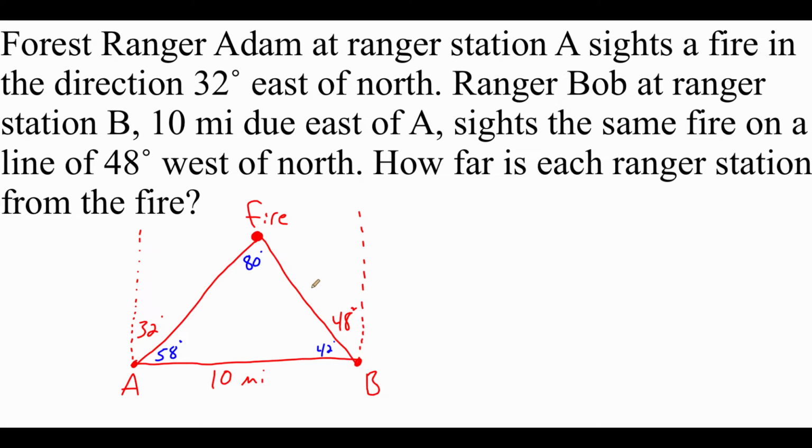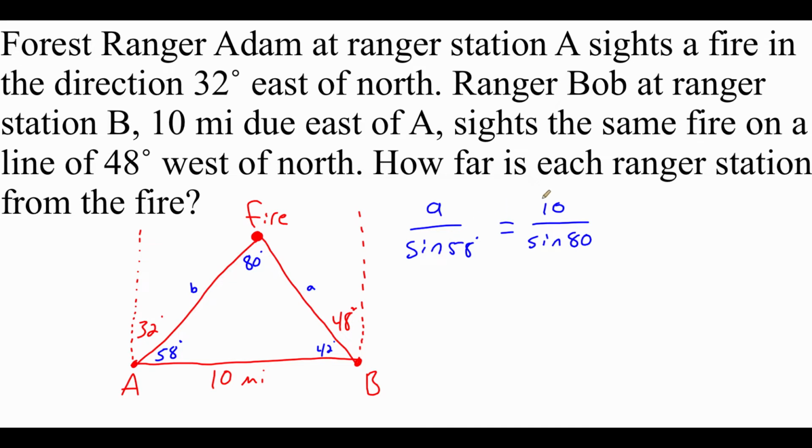So now what we're missing is this side A over here, which is from point B over to the fire, and we're also missing side B over here, which is from point A up to the fire. So let's start by finding the length of side A. I'm going to do A over the sine of our 58 degree angle equals that 10 that we've got over the sine of the 80 degree angle.